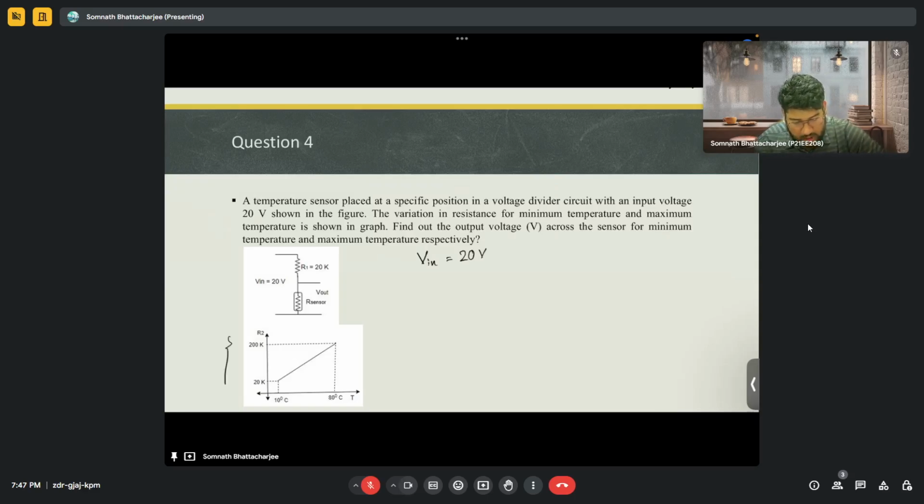So we can get information from this curve as well. Find out the output voltage across the sensor for minimum temperature. So we need to find out V out at minimum T and V out at maximum T. So what will be the value here and what will be the value here?